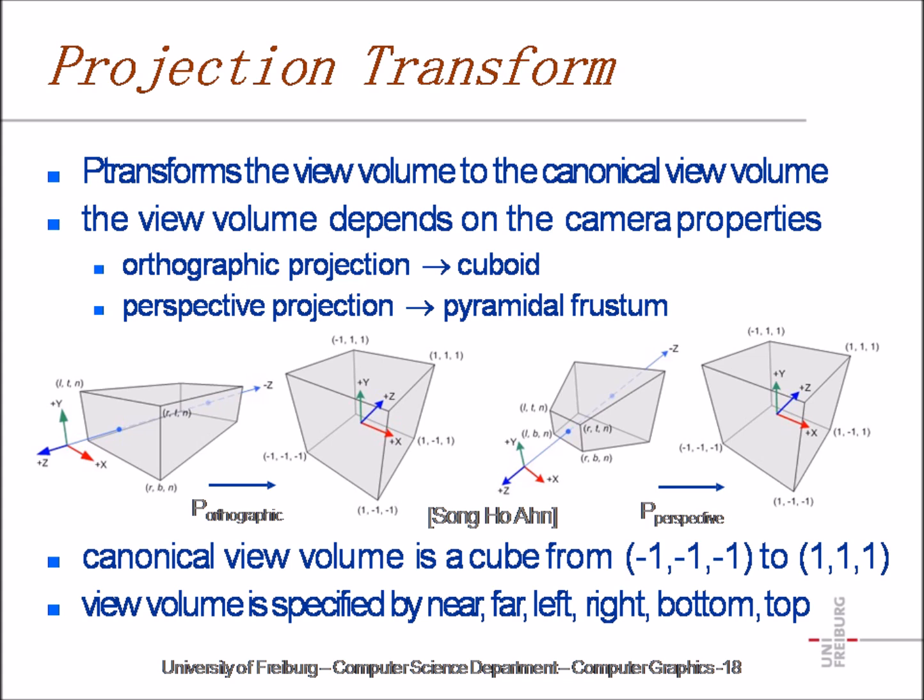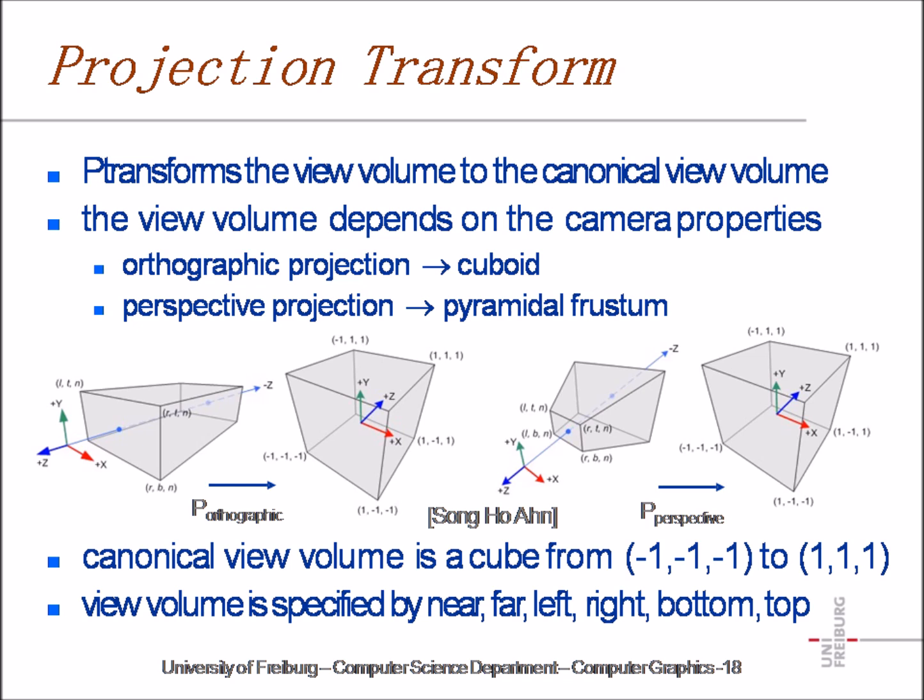If you observe the figure closely for both approaches, the result is a canonical view volume, which is in the form of a cube. This endorses the concept that in projection transform, the view volume is converted into the canonical view volume, whatever the camera properties are, that is orthographic projection or perspective projection.